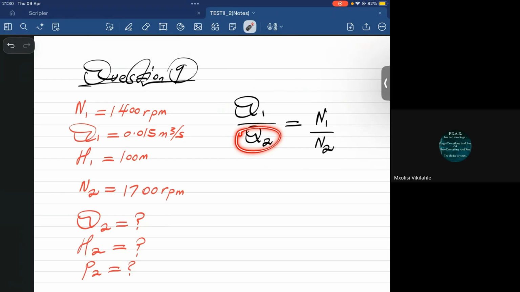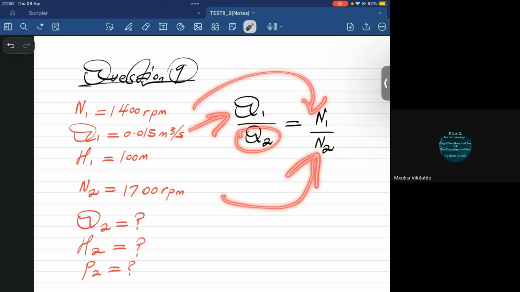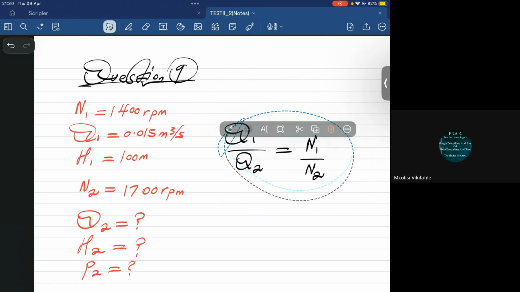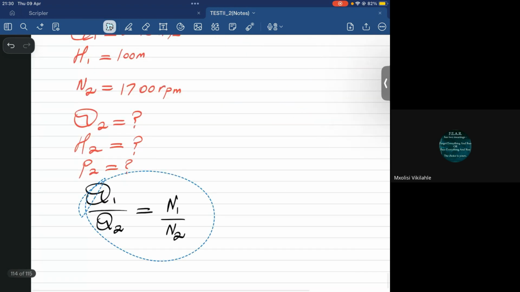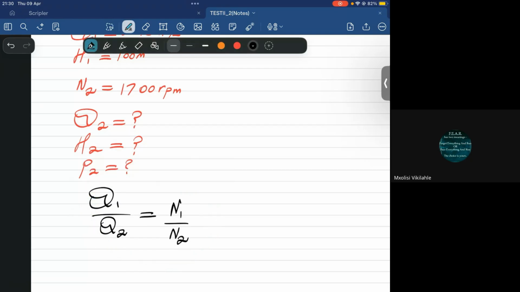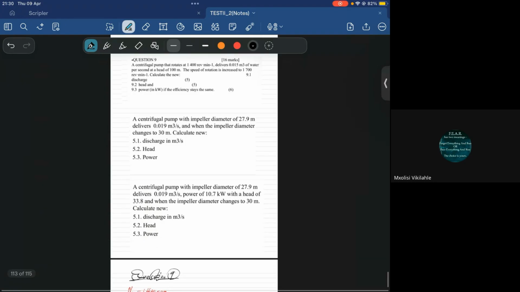We're looking for Q2. Q1 is 0.015, N1 is 1,400, N2 is 1,700.